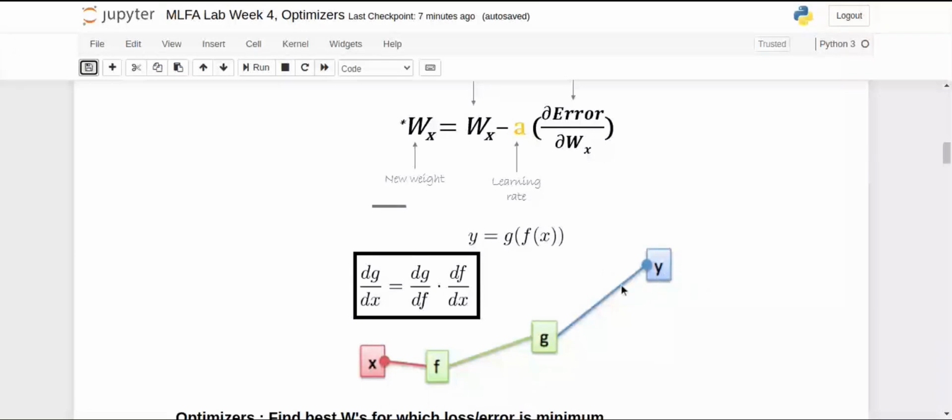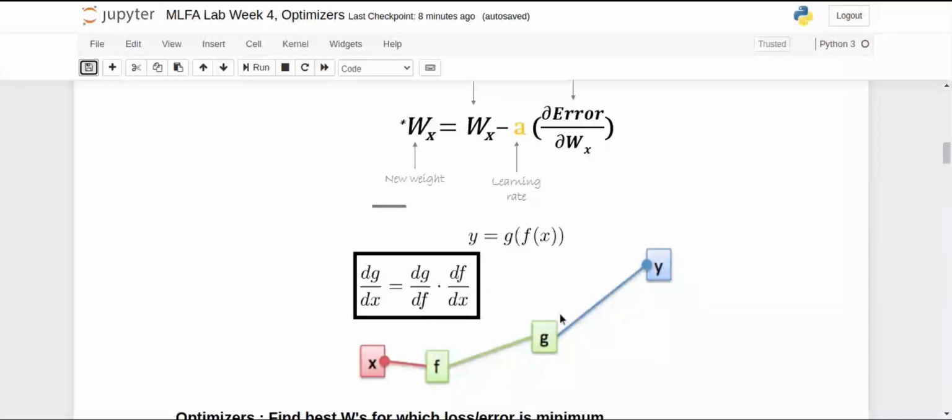If I write dg divided by dx, in words it is the loss in this output due to the input x, which equals dg by df times df by dx. dg by df means the change in output due to these weights, times the change in these weights due to this.